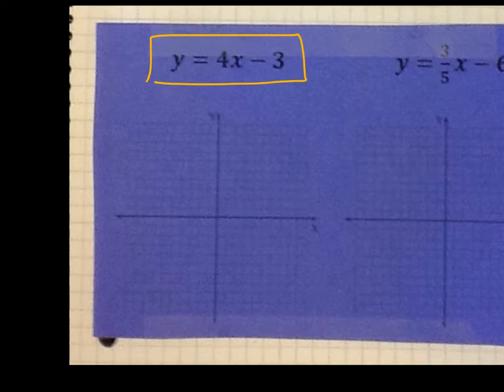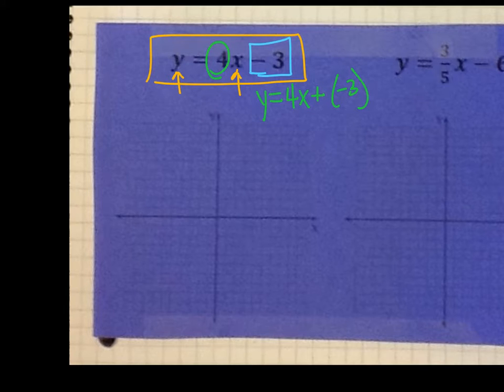What I see here is I have my output, my input, a slope, and a y-intercept. This time I'm boxing the whole y-intercept because it says minus 3, and as we can recall, we could technically rewrite this as y equals 4x plus a negative 3.